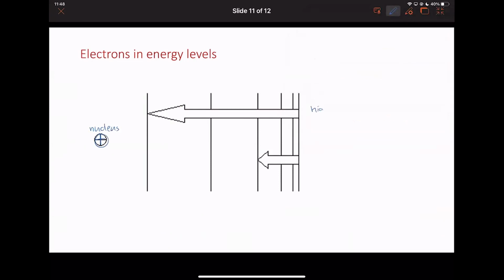A lot of energy released would give you a high energy color like violet. And this would be a small jump, which would give you a release of less energy. A low energy color would be the result, like red.